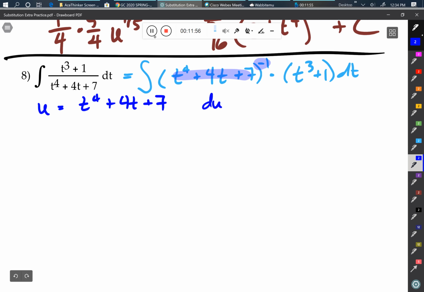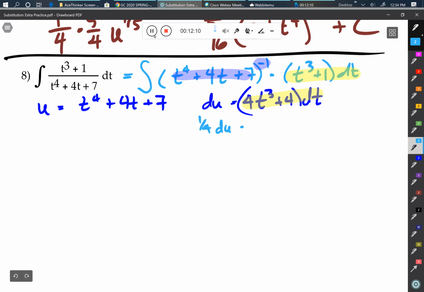My differential du then would be 4t cubed plus 4 dt. Unfortunately, this doesn't match perfectly, but I can just factor out that 4 and make it match. So 1/4 du would be our t cubed plus 1 dt, and things will be where they need to be.